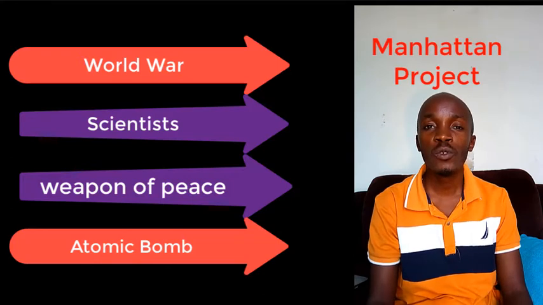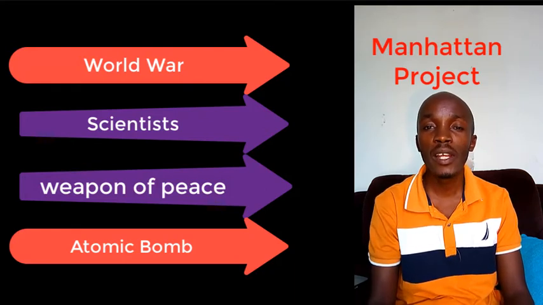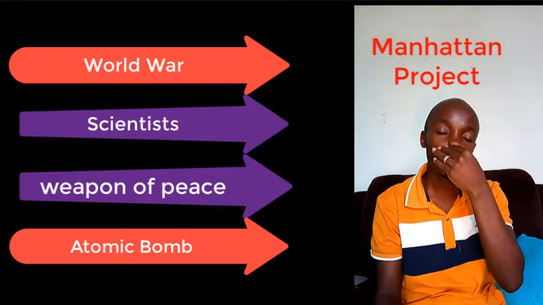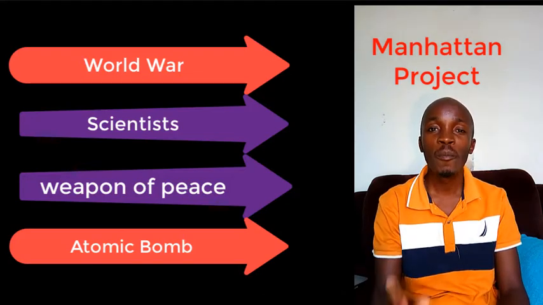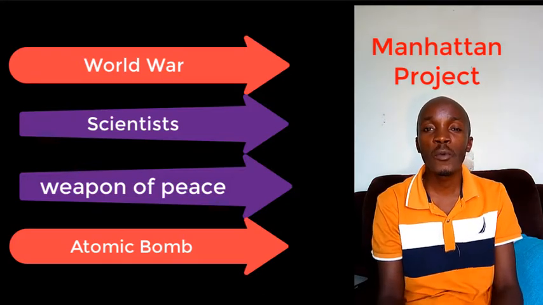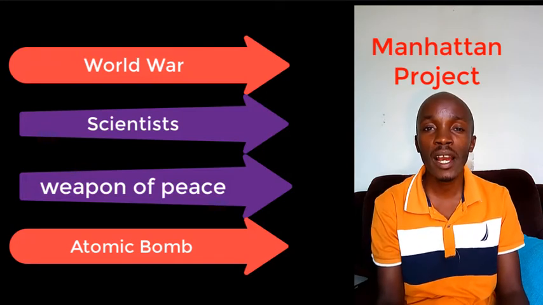We are going to do some lessons to understand how they were able to harness the nuclear energy and develop a bomb. The purpose for this lesson is not to make a bomb, but to understand where we are able to get the nuclear energy from.